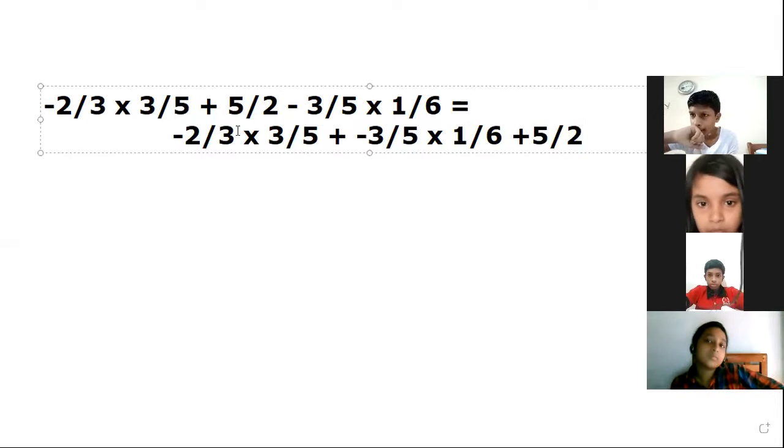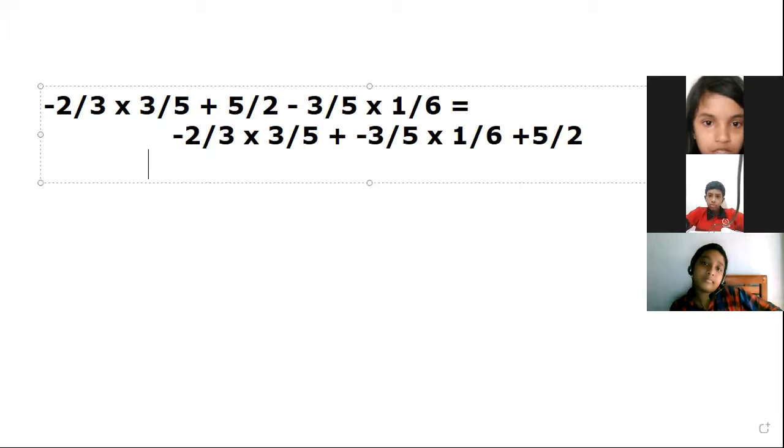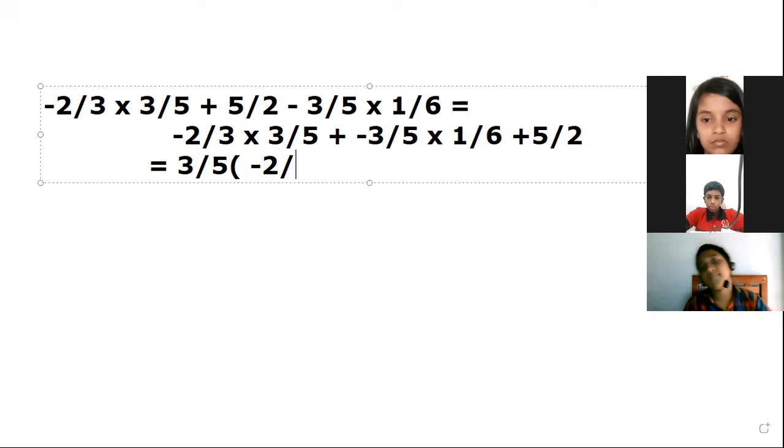Then using the a into b plus c property, which number can be taken out from minus 2 by 3 into 3 by 5 plus minus 3 by 5 into 1 by 6? Which is the common number here? Here 3 by 5 is common among both these terms. So using that property, I have to write 3 by 5 here, and I am putting a bracket for minus 2 by 3.